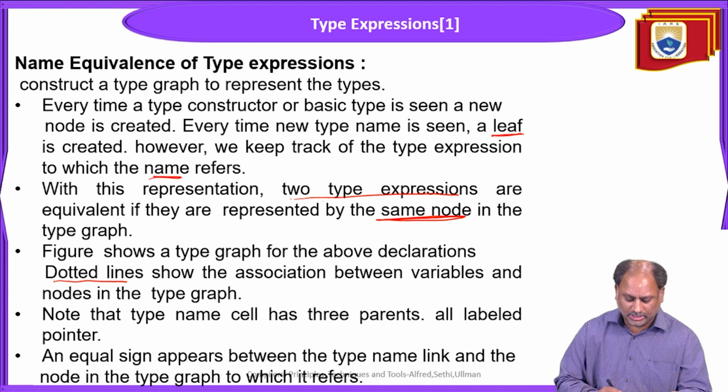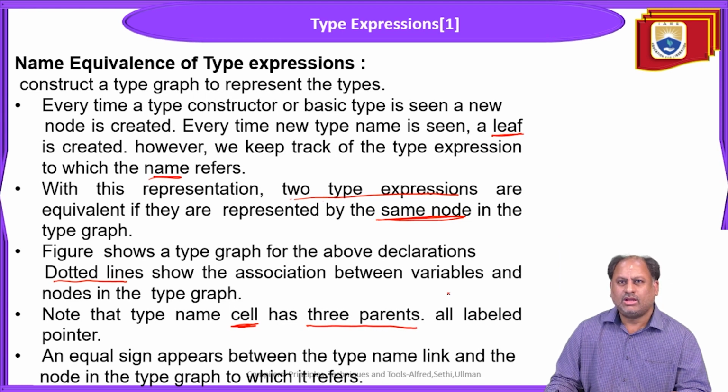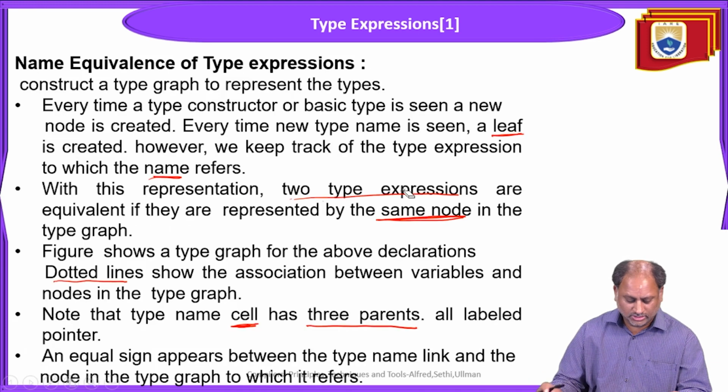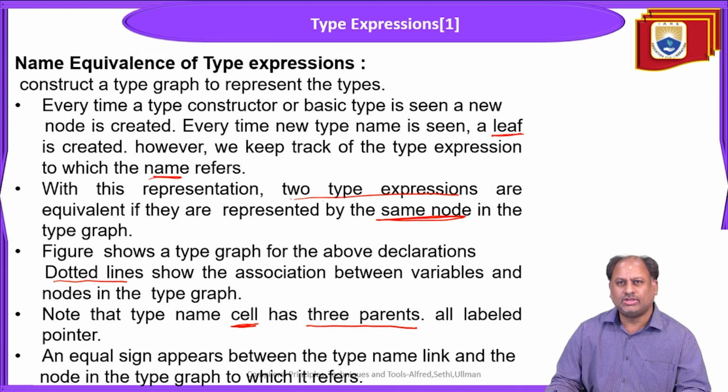And type name has three parents. Type name cell has three parents, all labeled with pointer. So here the type name is pointer to cell. This type name cell has three parents, that means it belongs to some node in the graph.